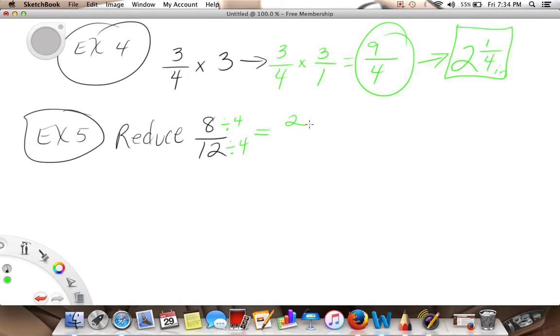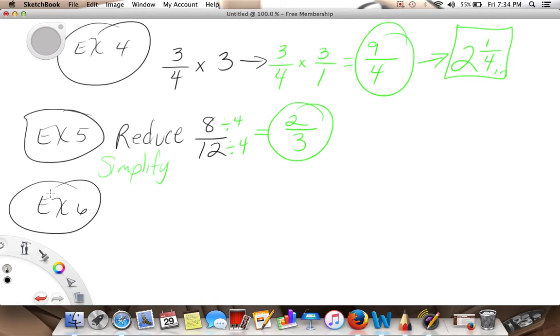So 8 divided by 4 equals 2. 12 divided by 4 equals 3. So this 8/12 and 2/3, they have the same value, but 2/3 is the reduced form. Another word for reduce is simplify. Okay, so we can reduce it or simplify it. They are the same, just like potato, potato.